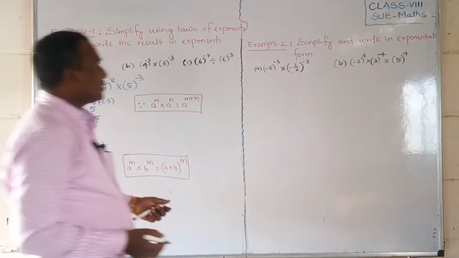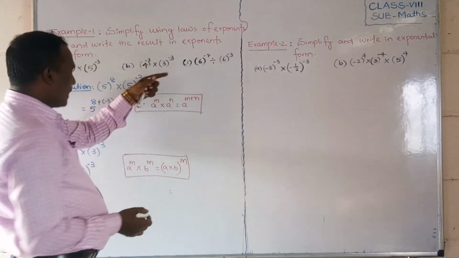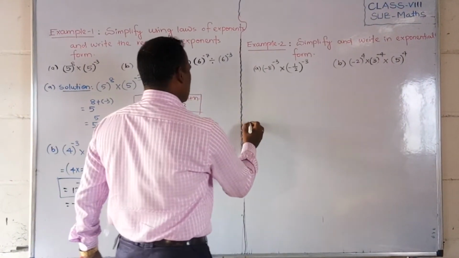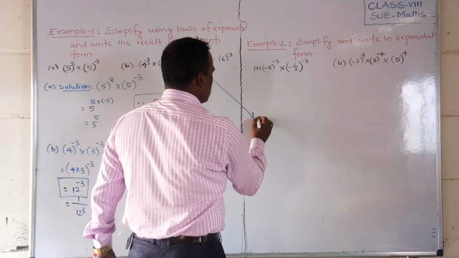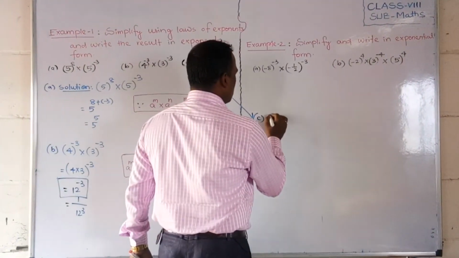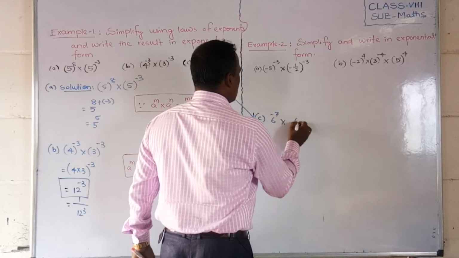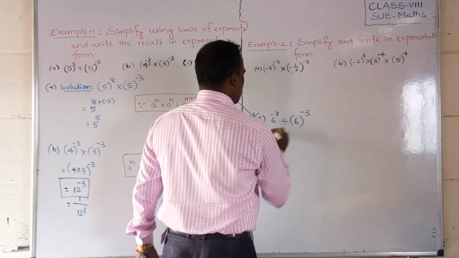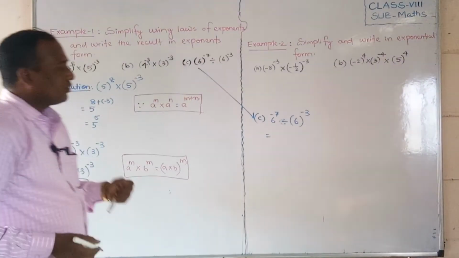Okay, now students, we can do the third question. Third question I will solve here. See, what is that? 6 to the power minus 7 divided by 6 to the power minus 3. So what will we get, students? Did you understand?